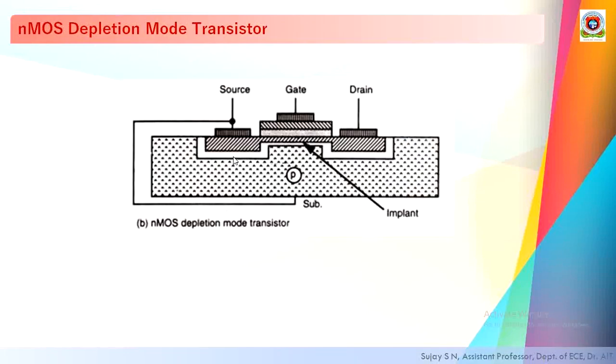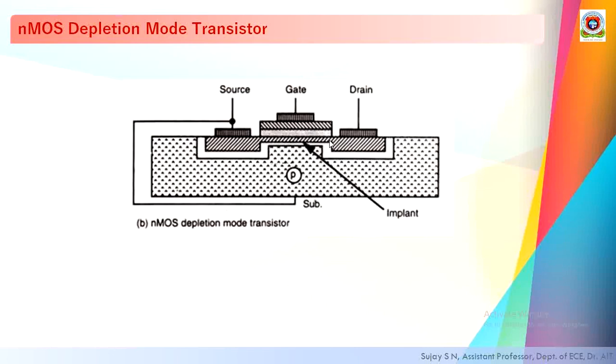And the other type of NMOS FET is the depletion mode transistor. The only difference between the enhancement mode transistor and the depletion mode transistor is the channel. Okay, I said in the earlier slide itself, a minimum gate voltage is required to make the channel between source and drain in enhancement mode.